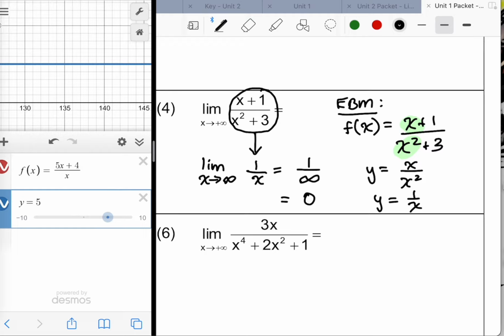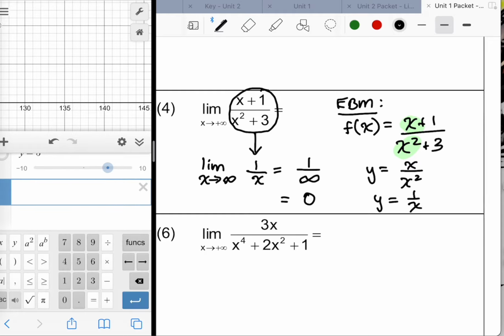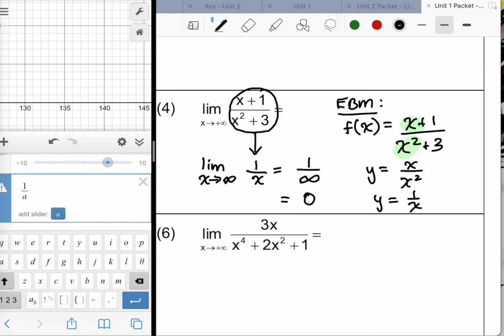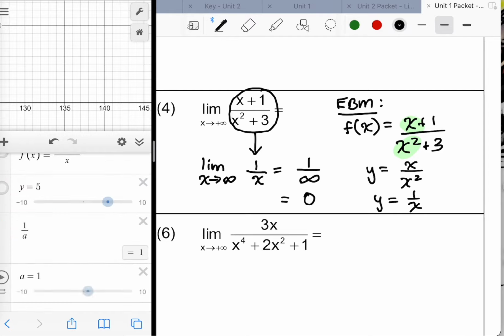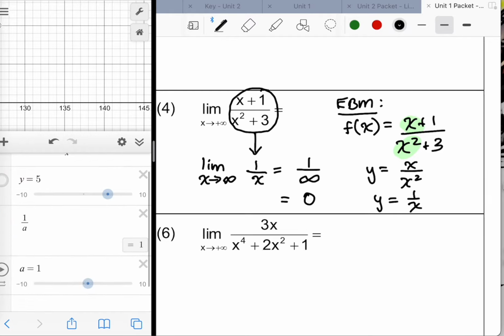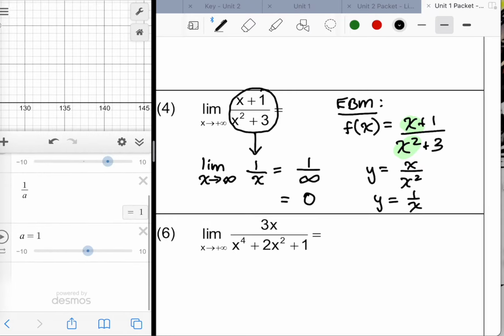If you don't recognize that, there's a way to handle it. You could do it with Desmos. You could do it on the TI. I think it's a little nicer on Desmos because you could use a slider. Type in 1 over a, 1 divided by some constant value a, and add a slider for it. It'll compute 1 over a for a various set of a values. If I slide my slider to the right, you could see that it's decreasing in value.